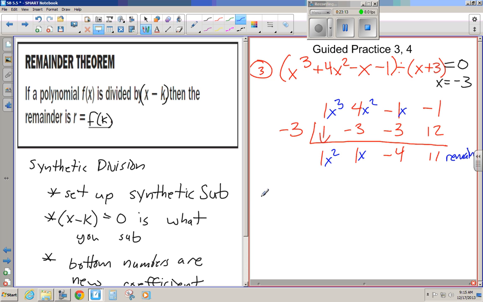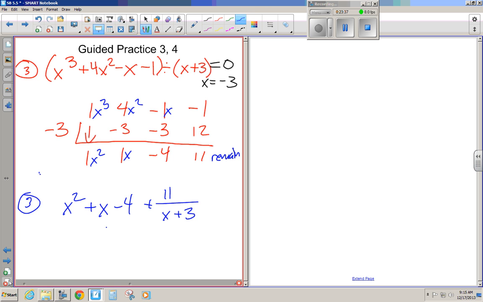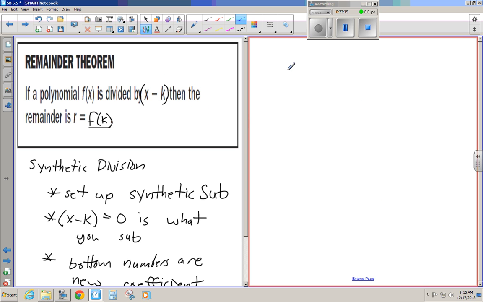So my answer to number 3 is x squared plus x minus 4 plus the remainder over the divisor. And that is how this works. So you should pause this, make sure you get this down, re-watch this part if you were confused, because we're going to go ahead and do number 4 as well.